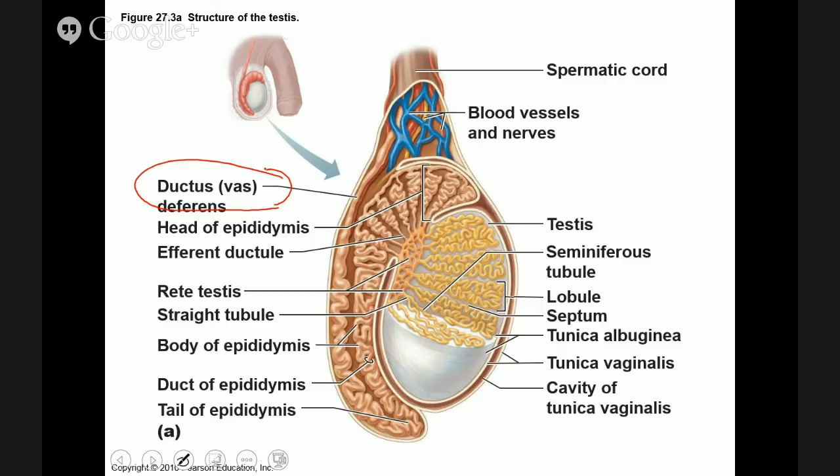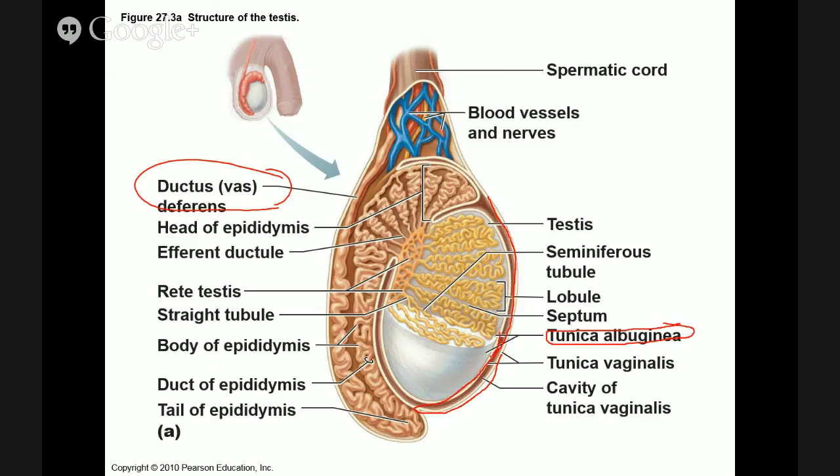Housing everything and keeping everything contained, we have the outer tunica vaginalis, which you see here in this outer region. Then we have the inner region, which is called the tunica albuginea, right here.